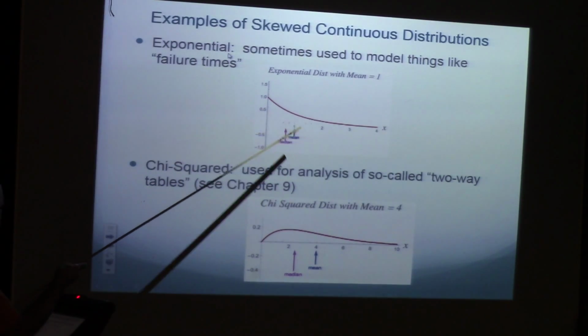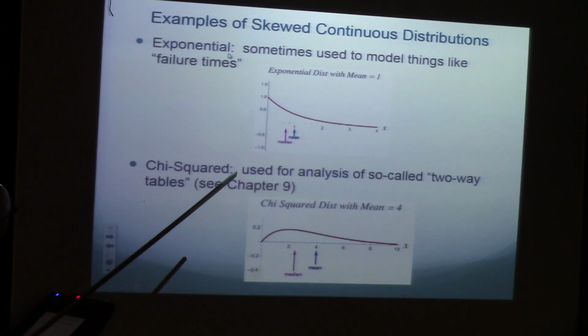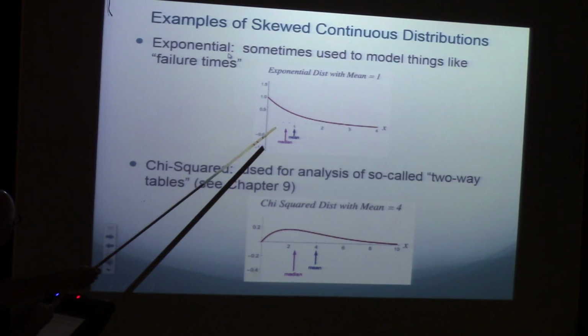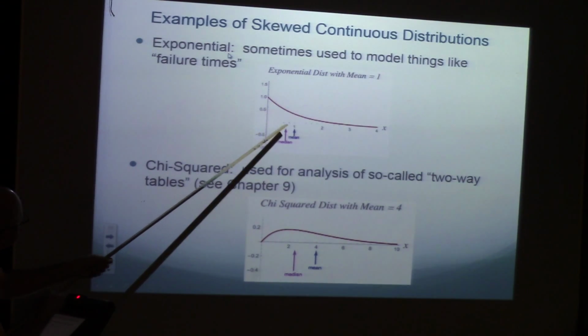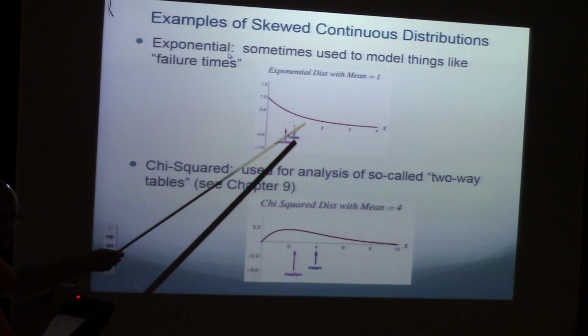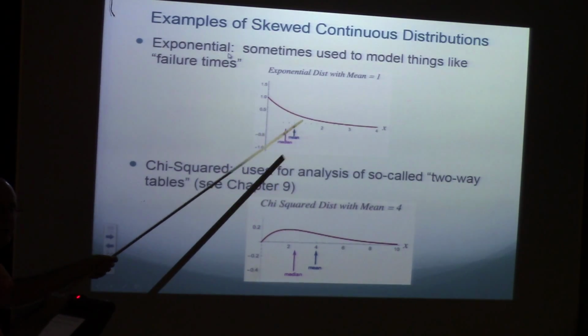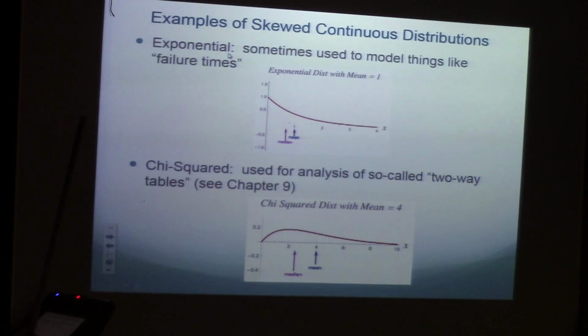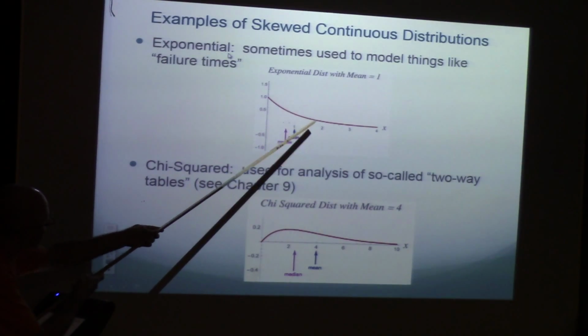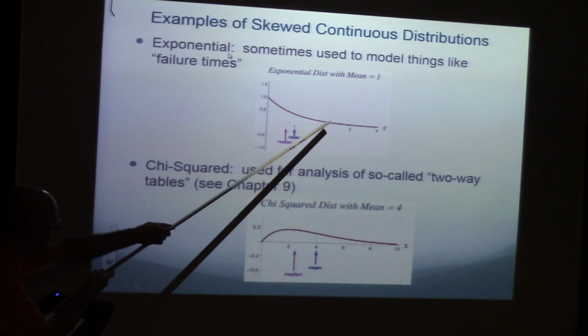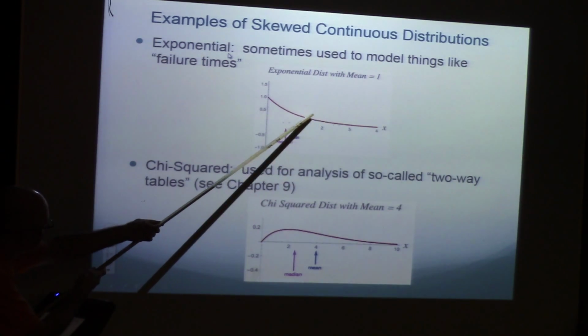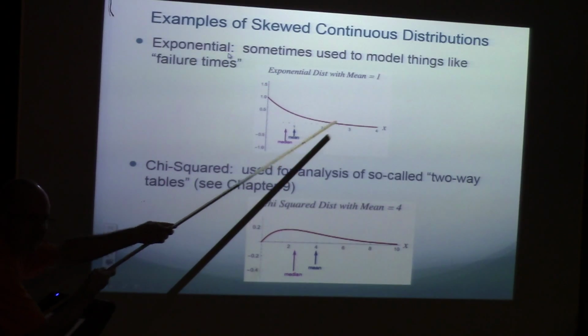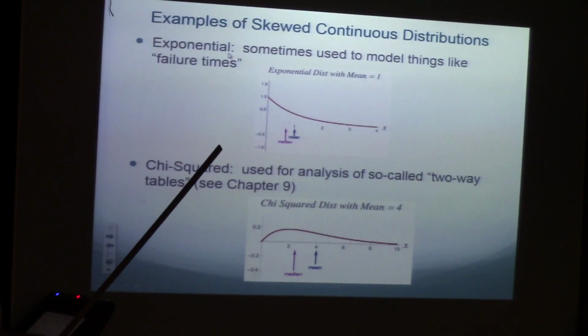Essentially the fact that the bulk of the mass, so to speak, under the curve is in low values means that most batteries fail in lower values. That's more typical. Where on the other hand, there's less mass way over here, but there is some mass, it's a skewed distribution. There are some batteries that last a real long time, much longer than you would expect.